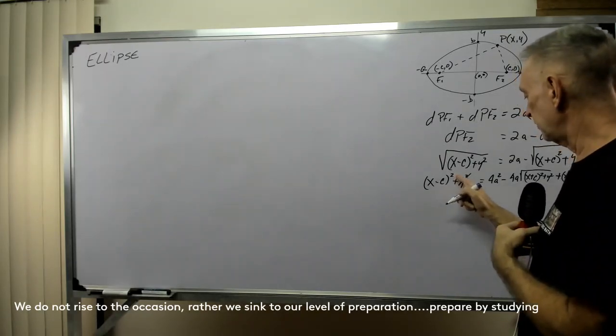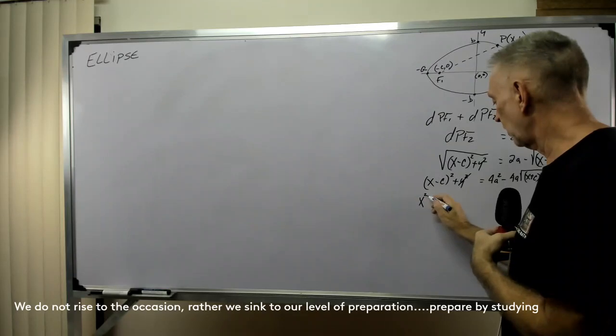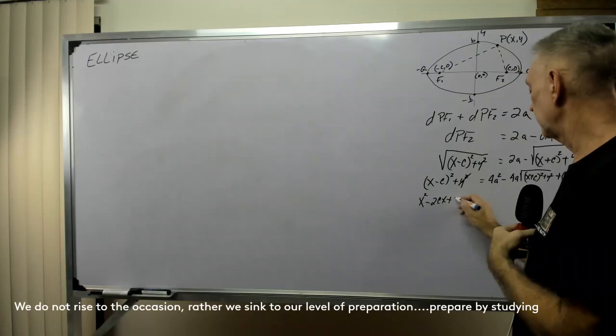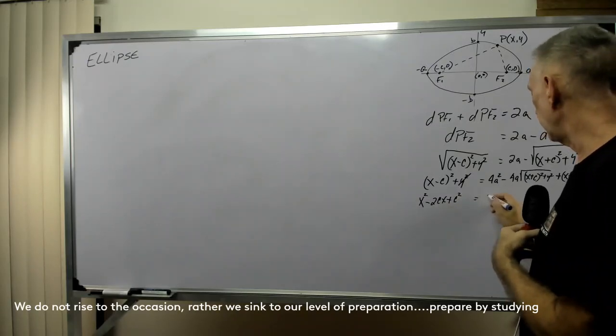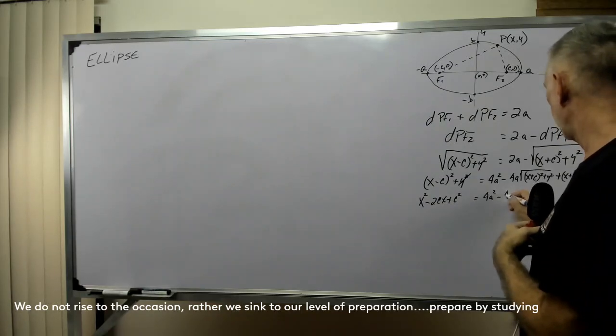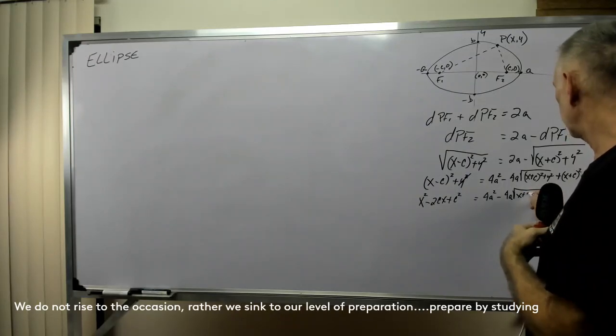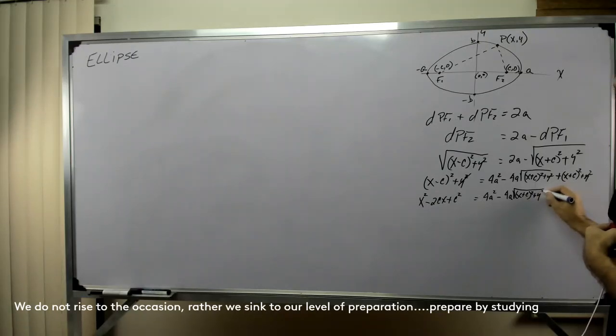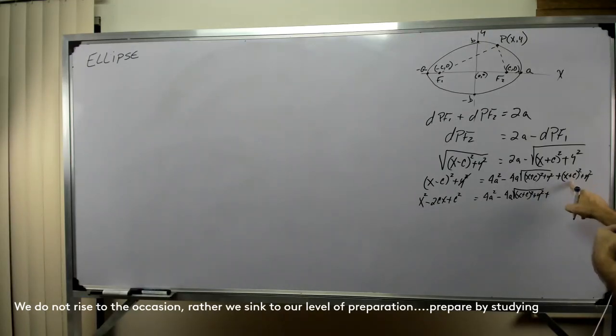Taking this times itself, x times x is x squared minus 2cx plus c squared equals 4a squared minus 4a times all this stuff under the radical sign, square root of x plus c squared plus y squared, plus, let's expand this, x squared plus 2cx plus c squared.